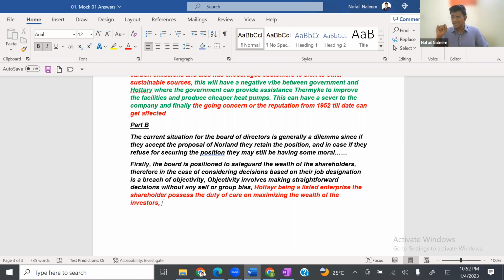Are you understanding that point of view, students? Can I quickly get a confirmation from you all if you are clear with that? Yes, sir. Wealth of the investors.